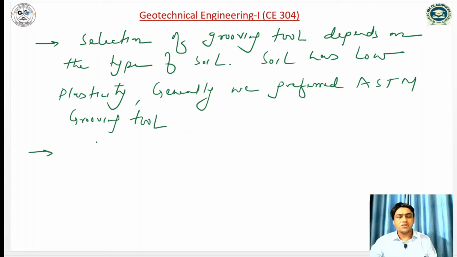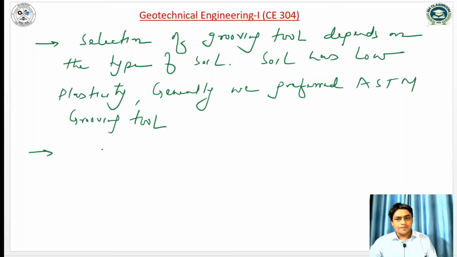So what is the procedure? About 120 gram of soil sample is taken, and water is added to make a paste with the help of a spatula in the evaporating dish. Mix it to make a soil paste. This paste is put into the brass cup, and with the help of the grooving tool, the entire paste is divided into two parts.